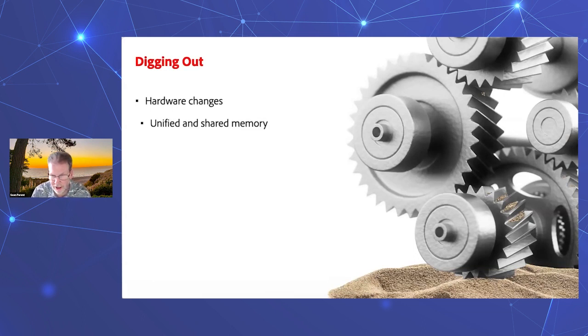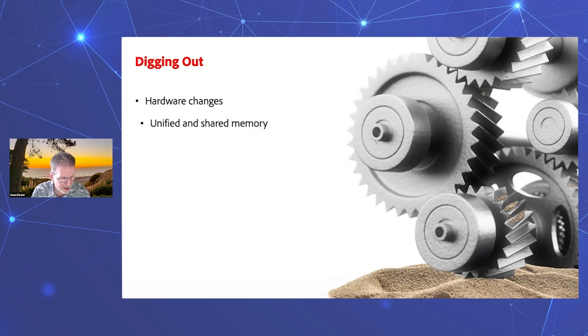So instead of having separate memory on the GPU, we're seeing a lot more go into shared memory models where both the CPU and GPU are sharing the same memory, which reduces the latency between transferring computation between the two.